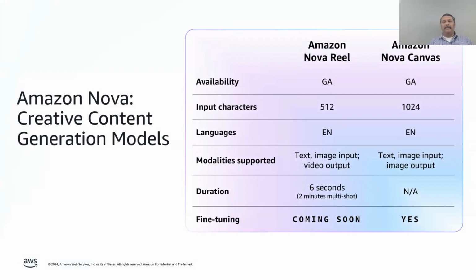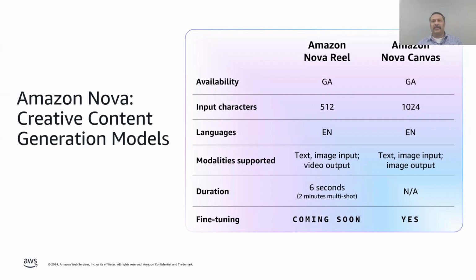Before we dive deep into the features of these content generation models, let's take a look at some of the key highlights. Both models are generally available now, and the maximum prompt length is 1024 for Nova Canvas and 512 for Nova Reel. Both models support English at this point, and the modalities we already mentioned.